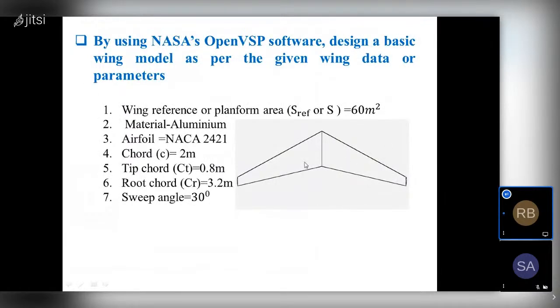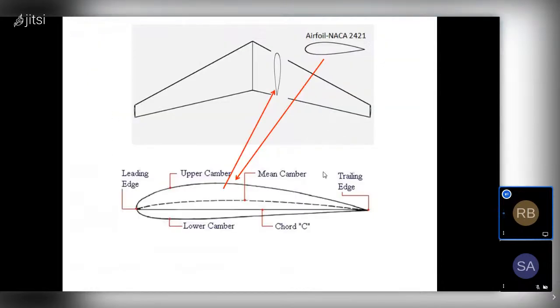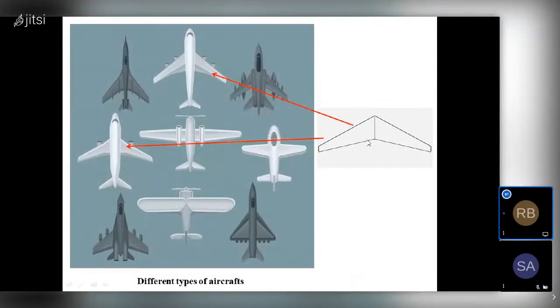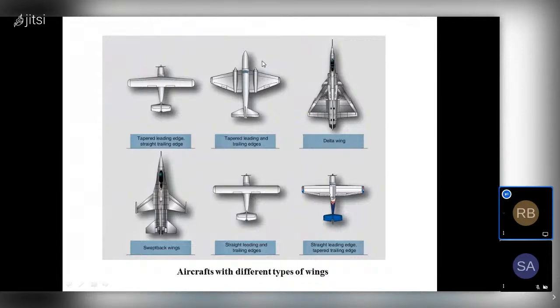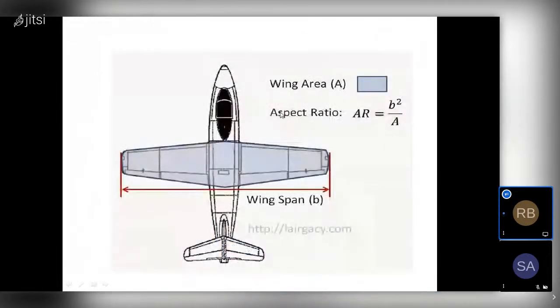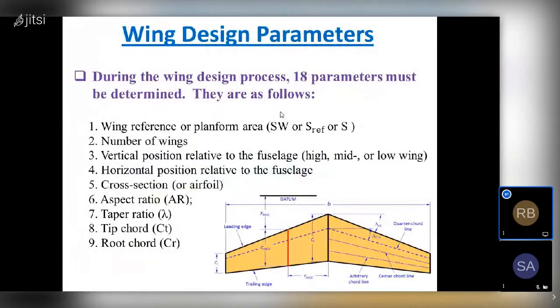This wing model, the 2D diagram, will match this kind of aircraft, which means commercial aircraft, and it is like a swept back wing. Yeah, so now we have to go to OpenVSP. We all know these parameters to design our wing model.